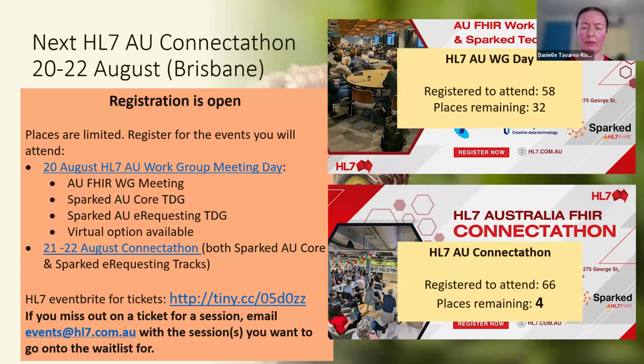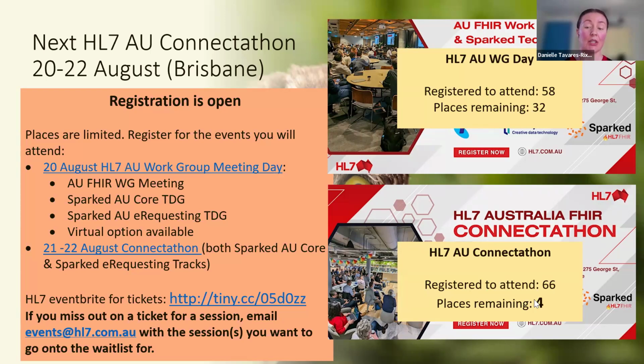Let's just do a bit of updates on what's available. So far in terms of attendance, there are 58 people who've registered to attend in person on the work group day. There are 32 spots remaining. From a health and safety perspective, we are allowed to have 32 additional people on that day.